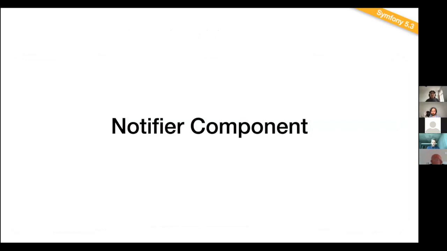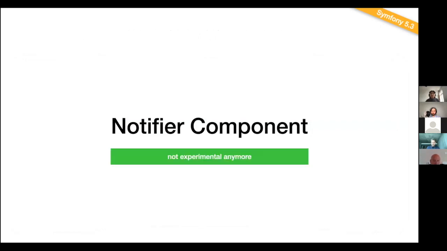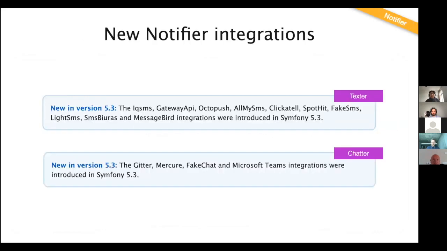The notifier component is not experimental anymore. It was experimental for 2 versions, 3 versions, I think, but it's not anymore. So it's marked as stable. We have some new integrations. So we have some new texter transports and chatter transports. And I don't want to show you all of them, but 2 are important, in my opinion.